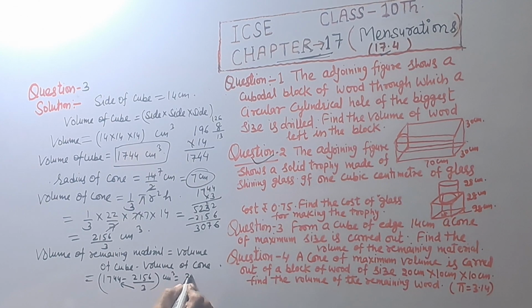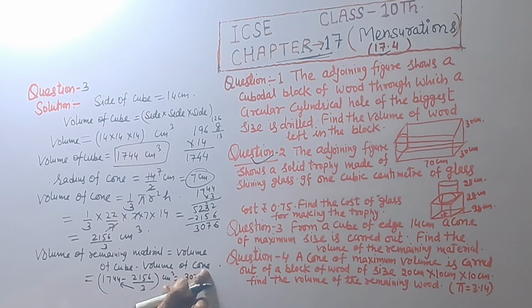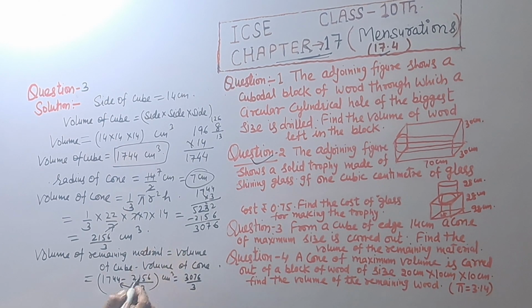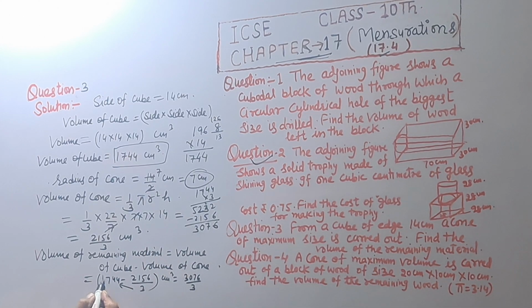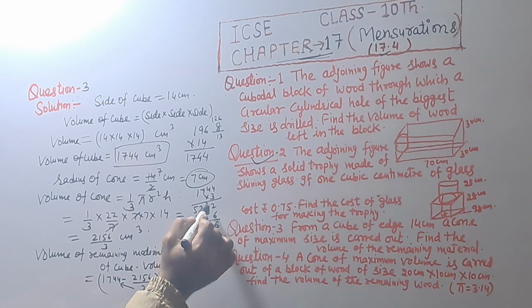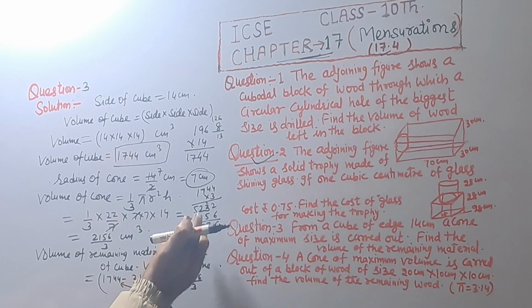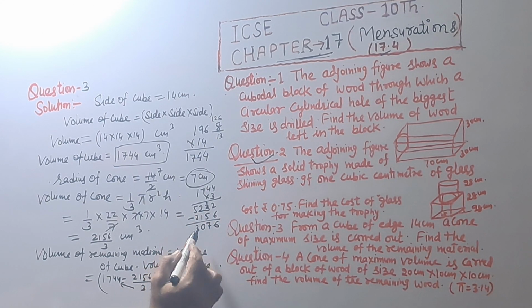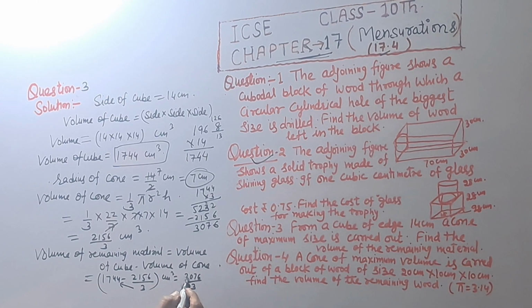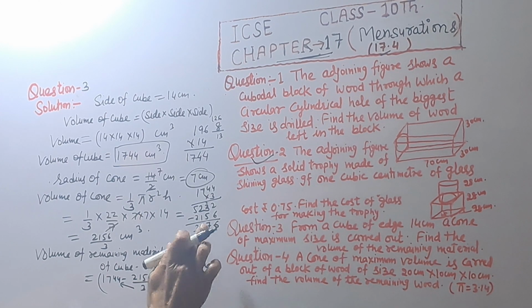We get 3076 upon 3. 3 multiplied by 1744, then we get 5232, and minus 2156 is equal to 3076, divided by 3.